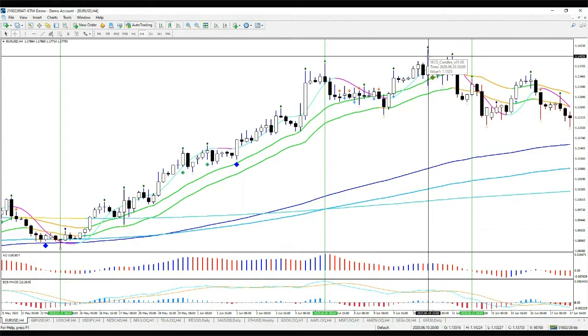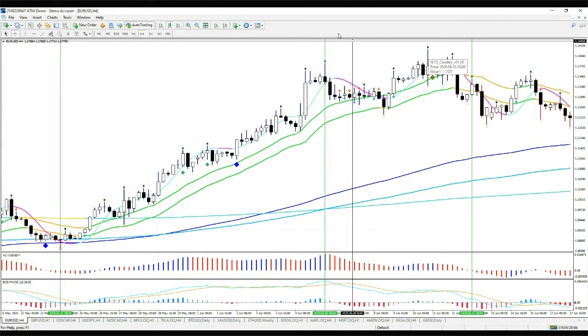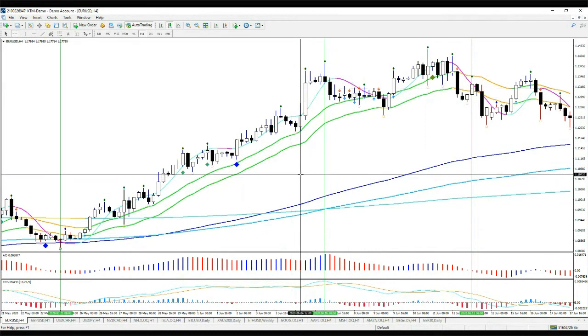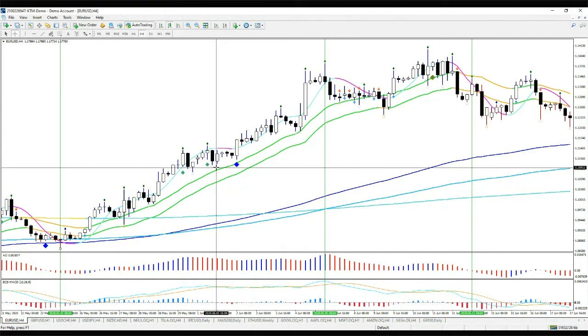So you'll sometimes get different swings depending on different methods, and that's okay. That's logical if you're using so many different things.